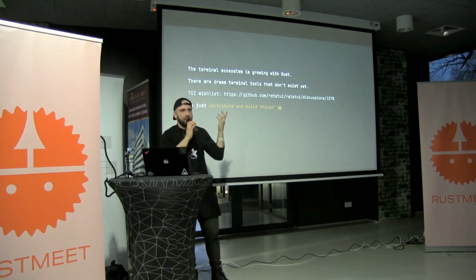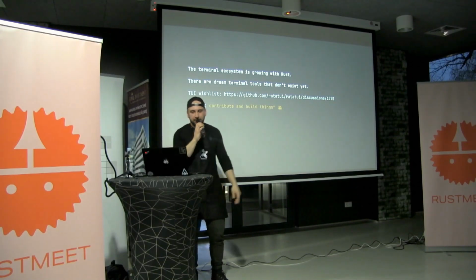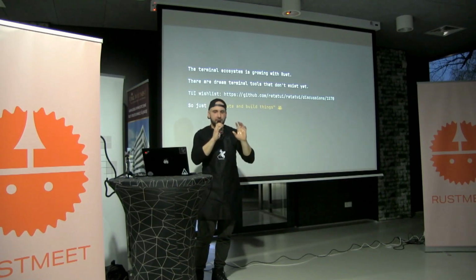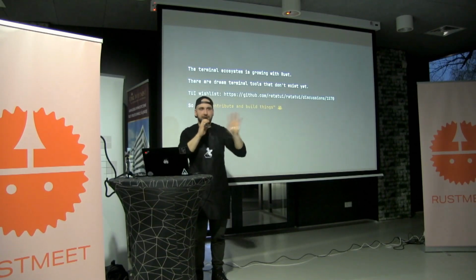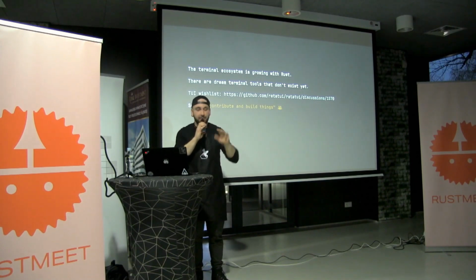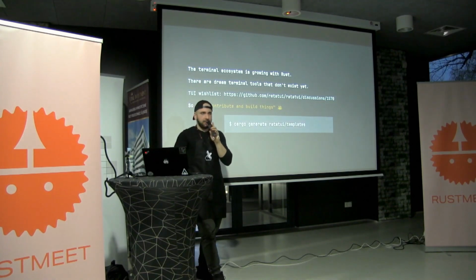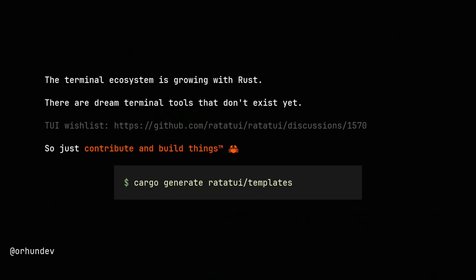So you might be asking, how do I start with building this? Because I feel like sometimes I'm overwhelming people by showing these very advanced looking terminal things. Well, it's actually very simple to just get started. Just use our templates repo to start your TUI project today.